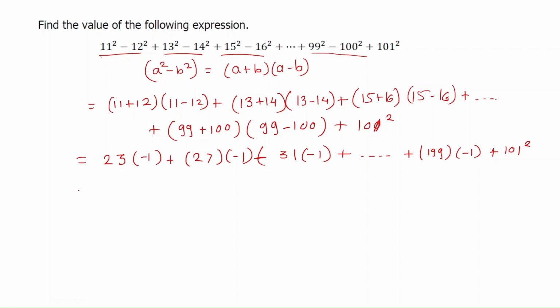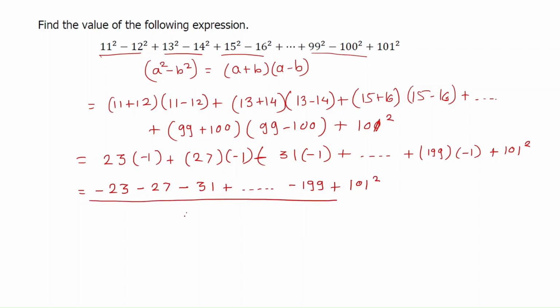So how can we write this? Minus 23 minus 27 minus 31 plus so on minus 199 plus 101 square. So if you observe closely, this is an arithmetic progression.